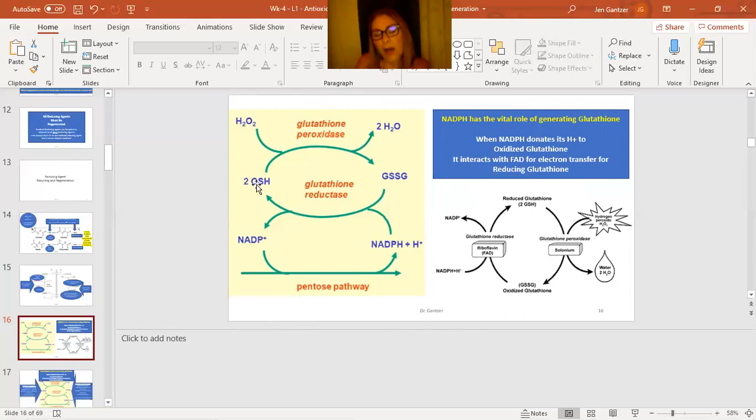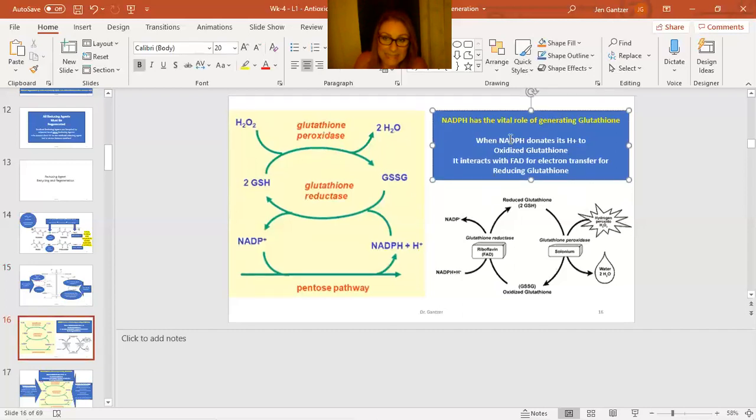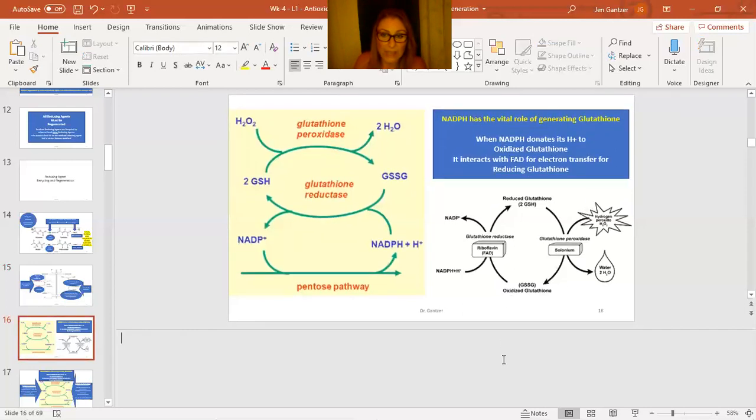However, this molecule is very important to have NADPH available in a redox reaction to regenerate it in its reduced form. So you can see here, both pictures are the same, it's just from different artists. The glutathione, once it donates the reduced, it interacts in this molecule.